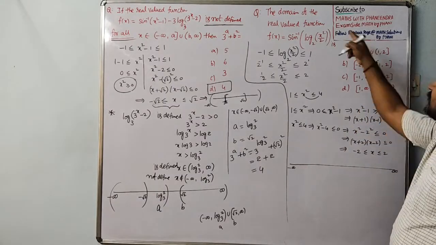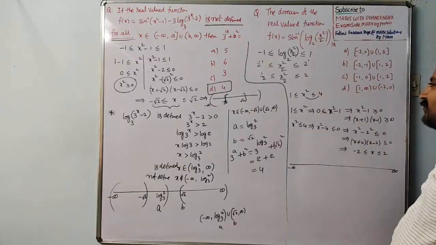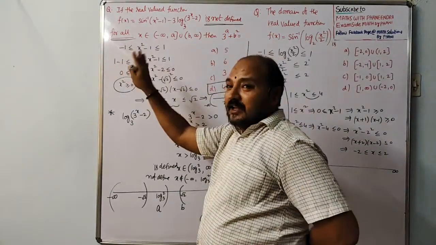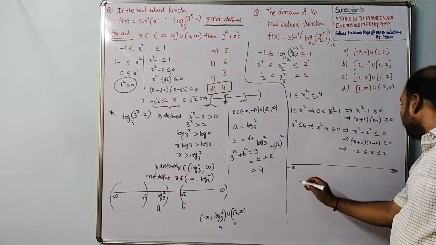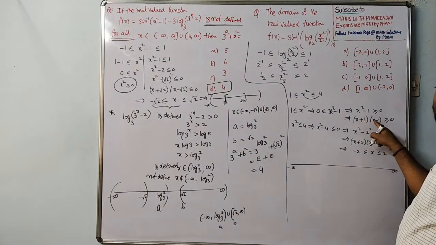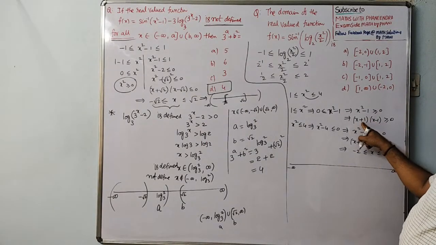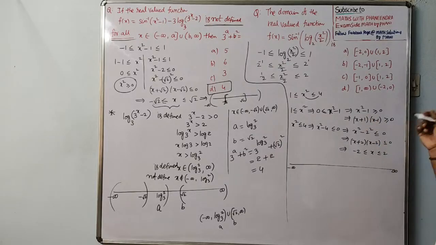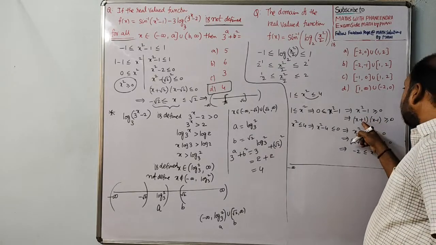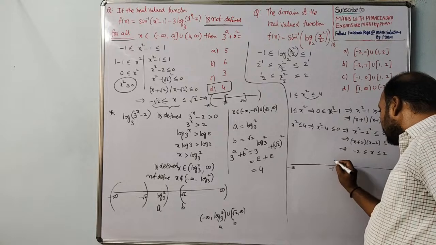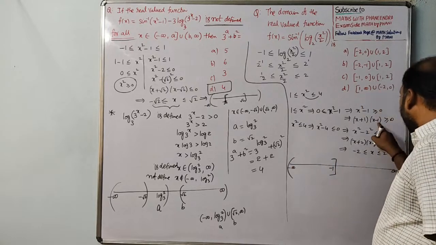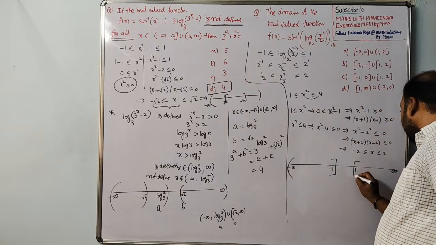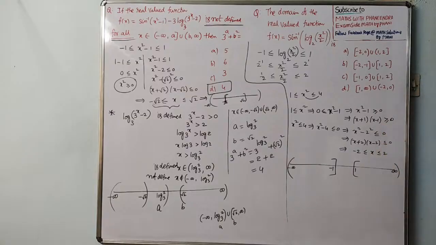Here it is defined only, dear students. They are asking directly for the domain. Here it is not indirectly defining, meaning other than the domain they are not asking a question. So x plus 1, x minus 1: x is less than or equal to minus 1, or x is greater than or equal to plus 1. This is the first one.